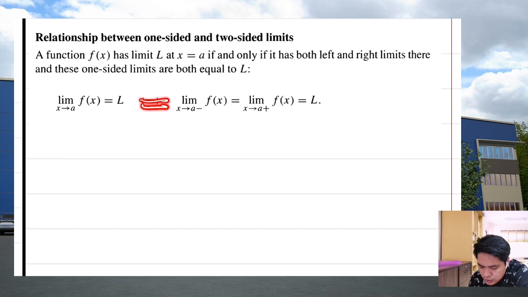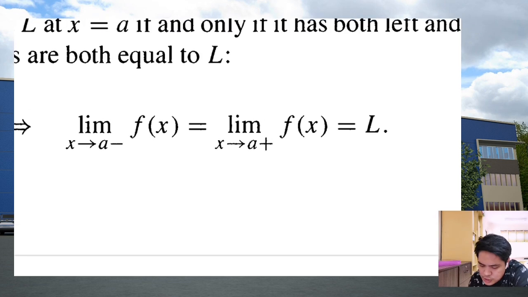That is if and only if meron siyang right-hand limit. This is left-hand limit. So, a approaches from the left and that is equal to its limit when a approaches from the right.